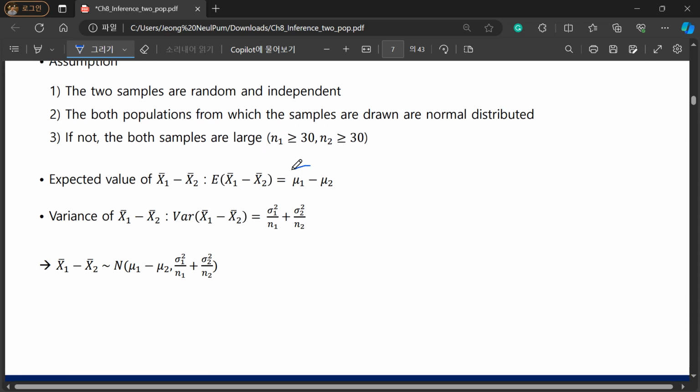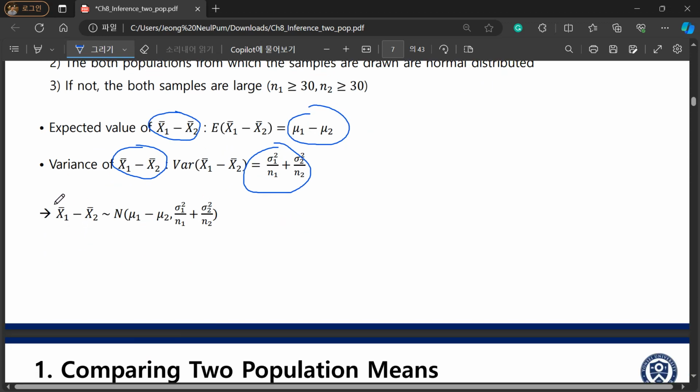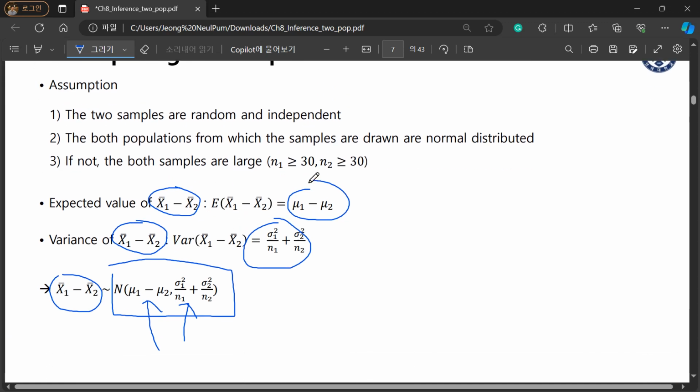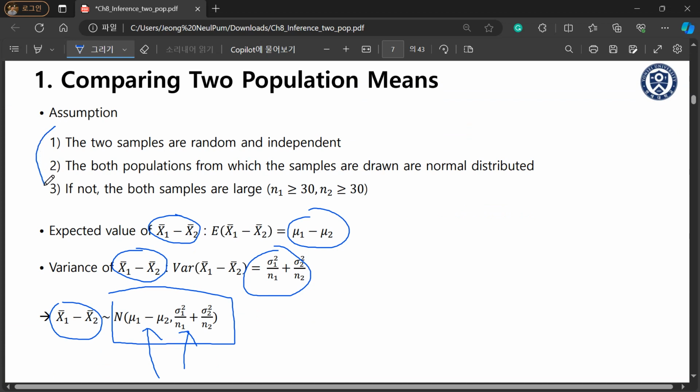There is an expected value and variance of the difference between two sample means. If we deduct one sample mean from the other sample mean, it also has a normal distribution with this mean and this variance, when they satisfy this normal assumption.